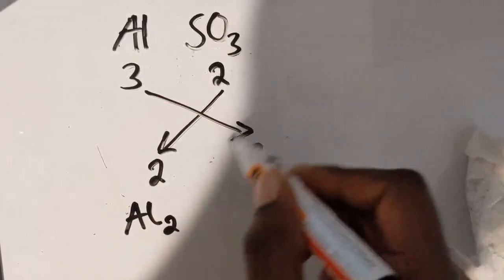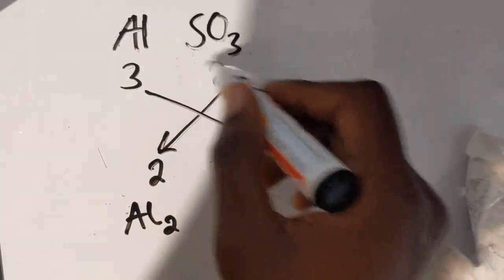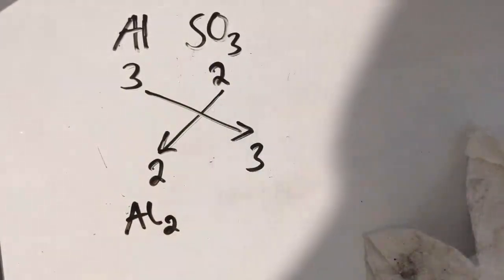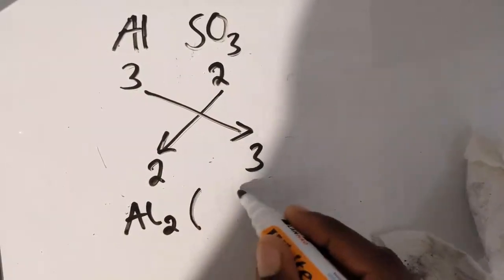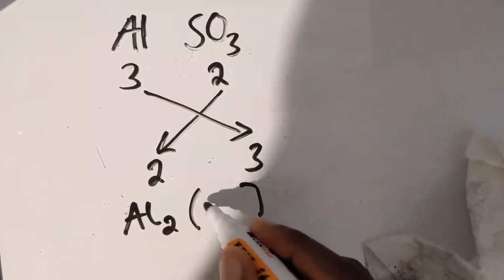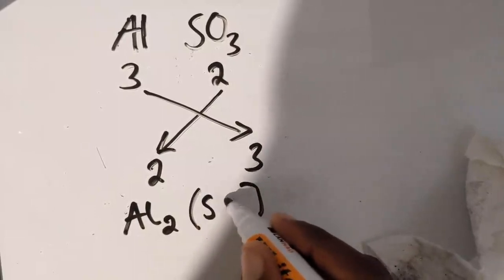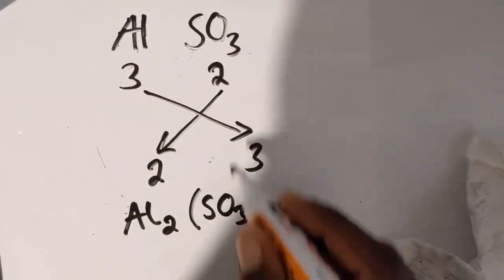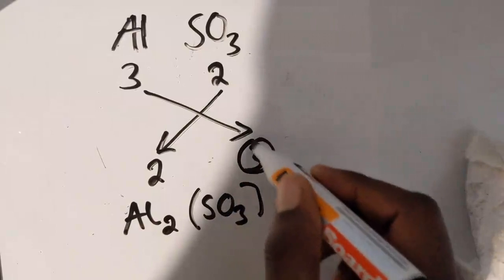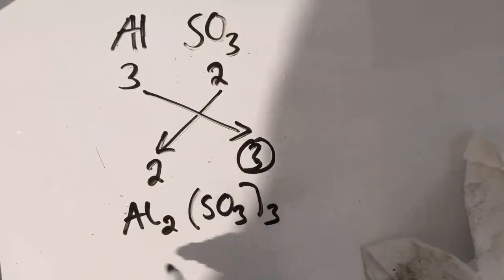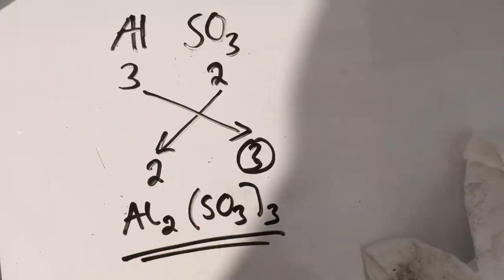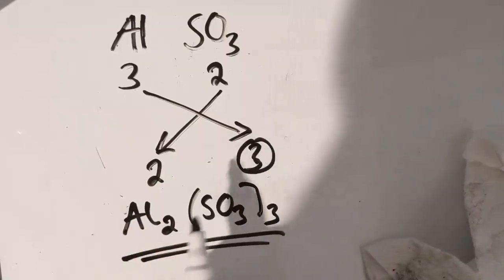Then this radical, when a radical is receiving more than 1, you put it inside the bracket. So it is sulfate, SO3, like that. Then these 3 will come outside. So this is a chemical formula for aluminium sulfate.